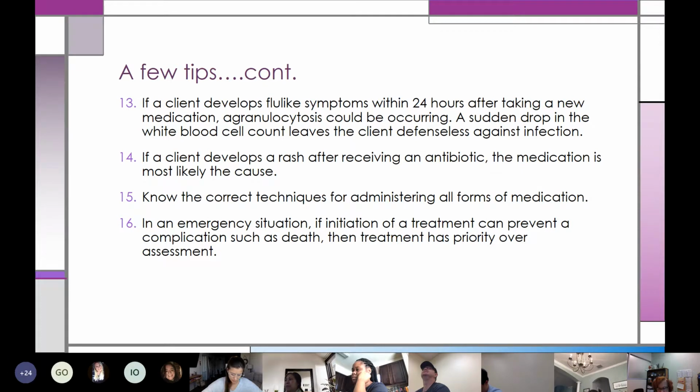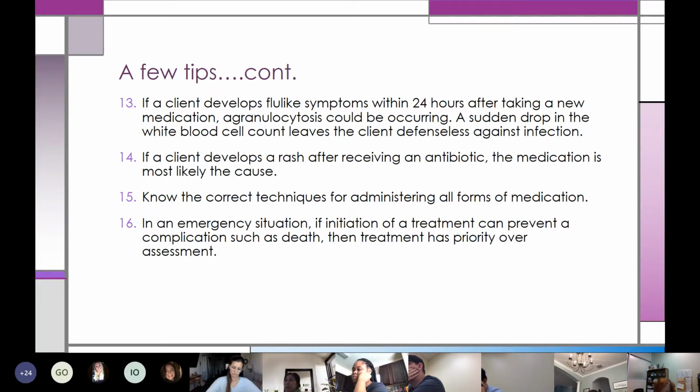Important concept to remember: if a client develops flu-like symptoms within 24 hours after taking a new med, agranulocytosis could be occurring. In other words, it could be the medication is affecting their white blood cell count.